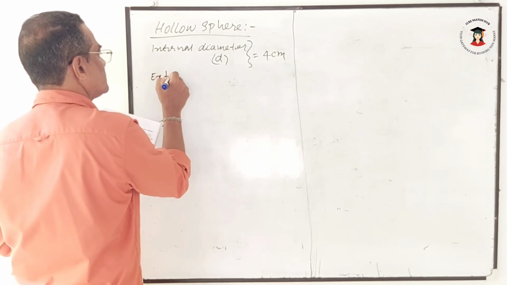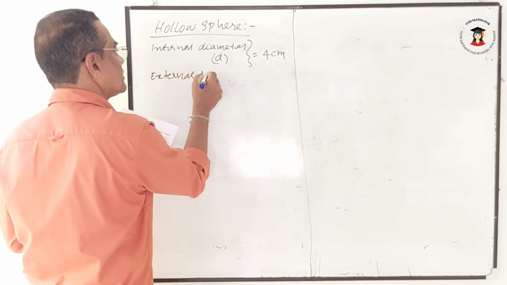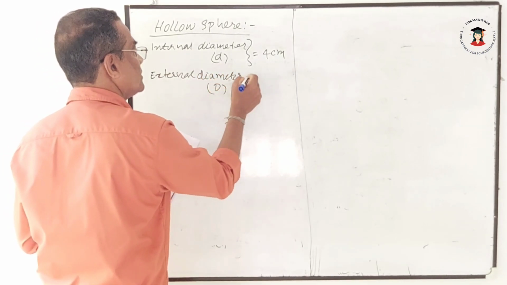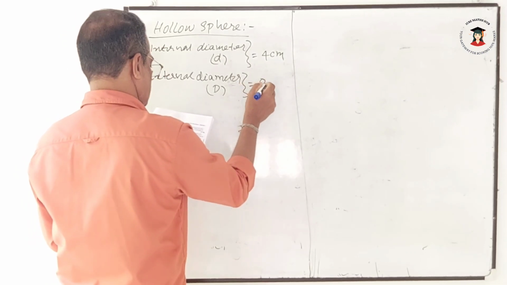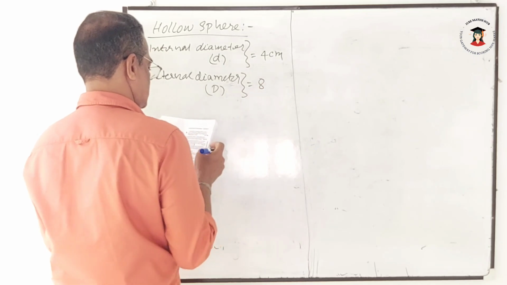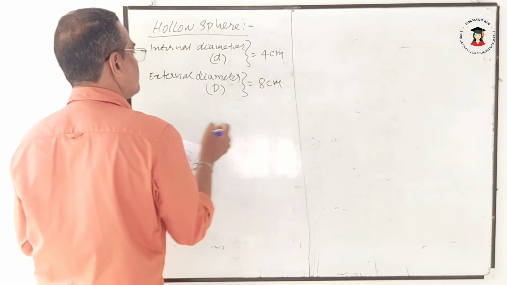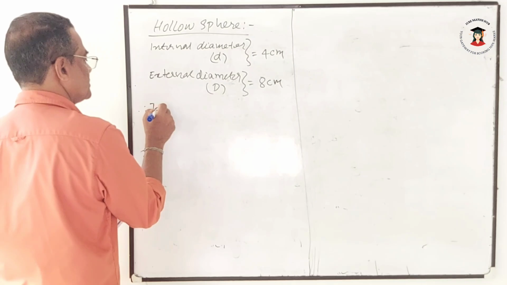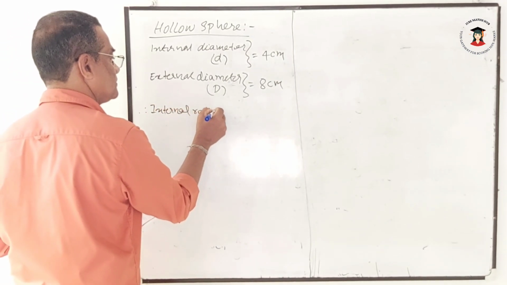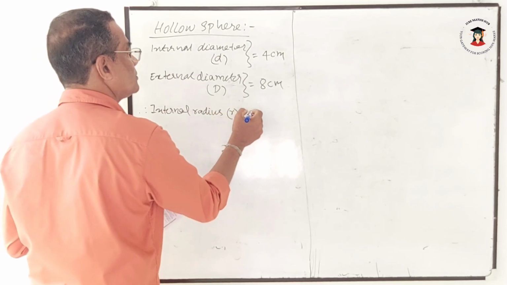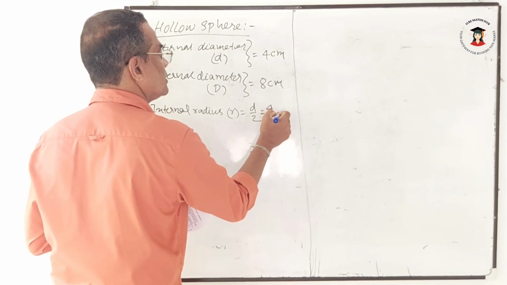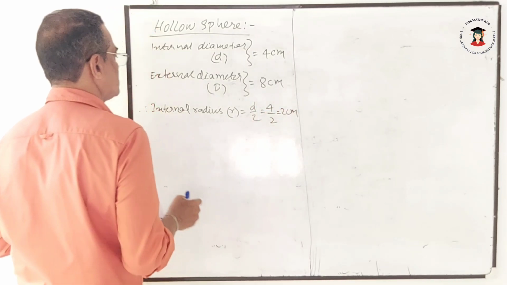External diameter, say it is capital D, is given as 8 cm. Therefore, internal radius small r is equal to d by 2 equal to 4 by 2 equal to 2 centimeter.